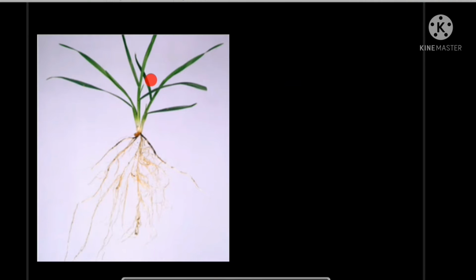Here this is the case of wheat plant roots, where the roots arise from the base of the stem. They're fibrous. Large number of roots are arising from the stem base, and they're not arising from radicle.